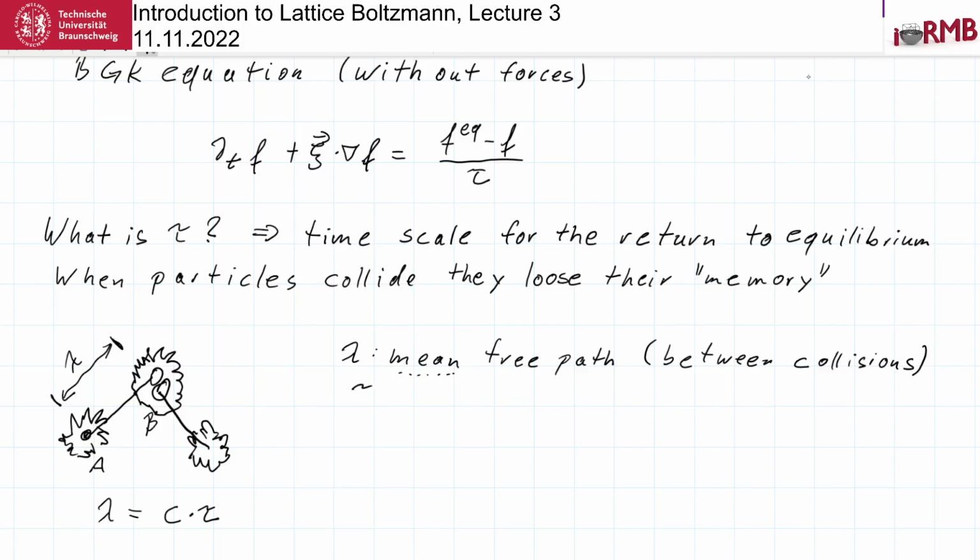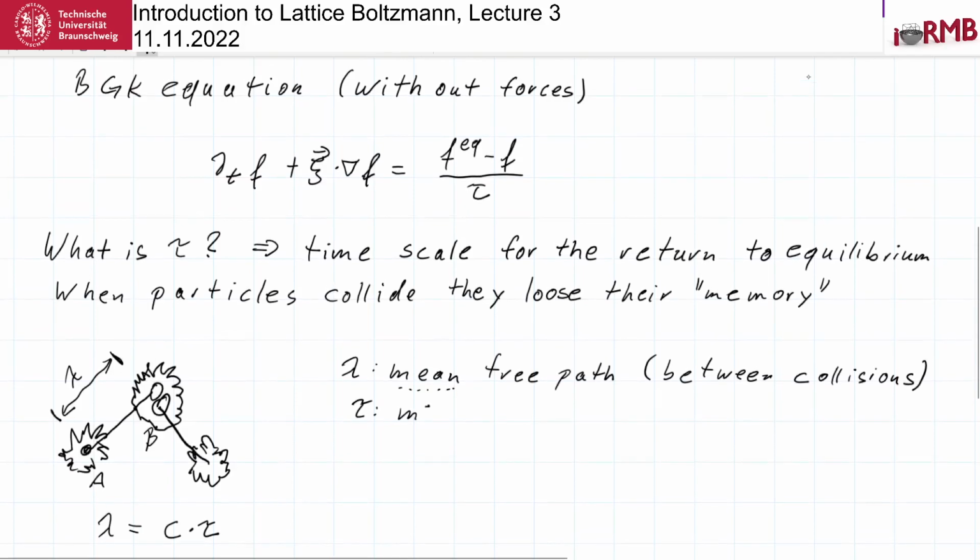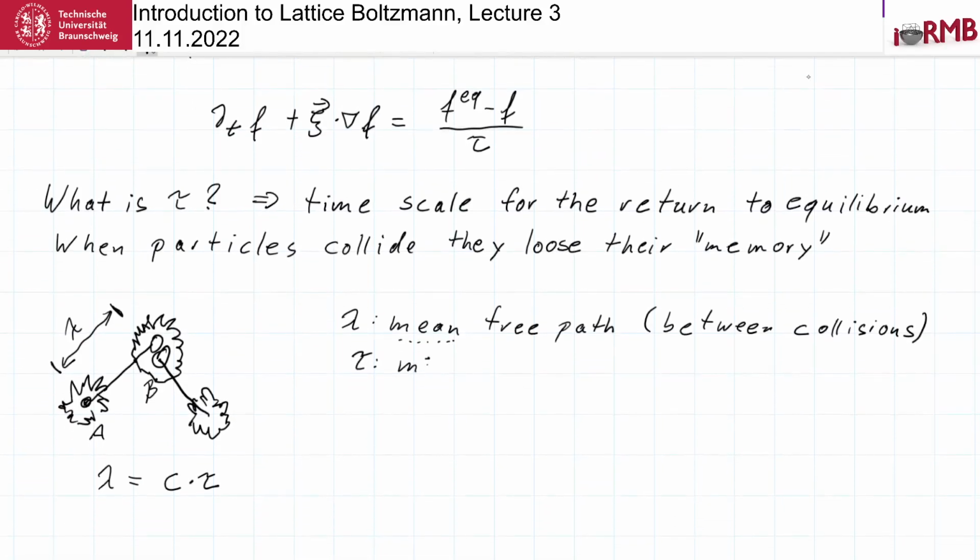And then tau is what we call the mean free time. And c would be the mean magnitude of particle velocity.